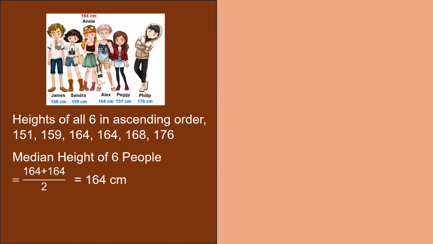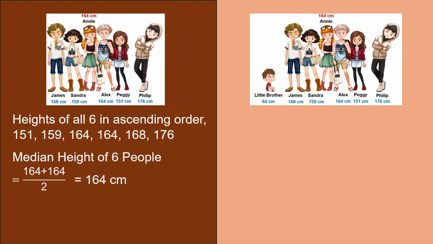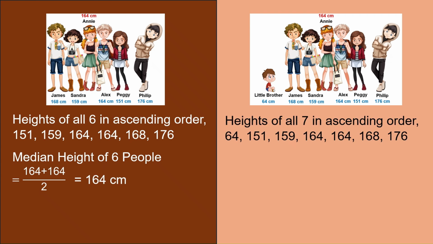We have also previously found the median height for Annie and her 5 friends to be 164 cm. To find the new median height with little brother's height added to the dataset, we simply need to add 64 to all the other heights and arrange the heights in ascending order.